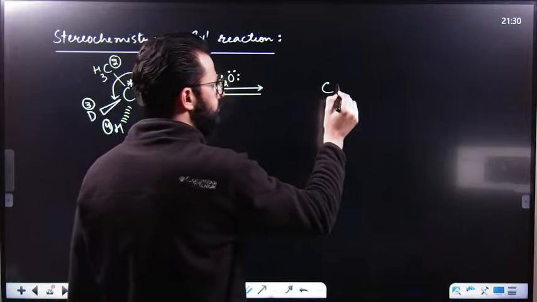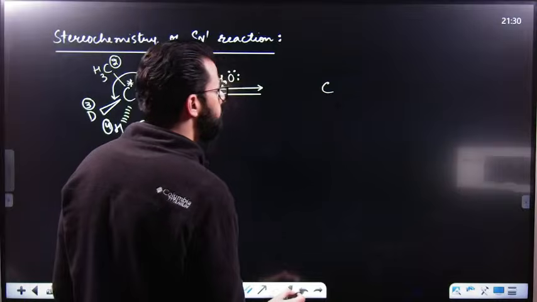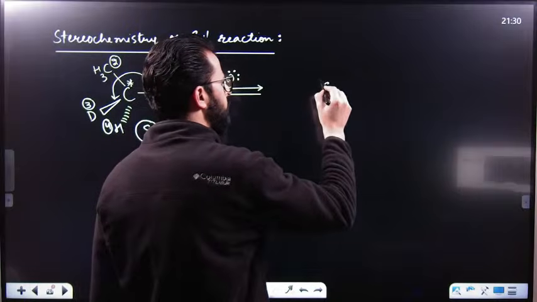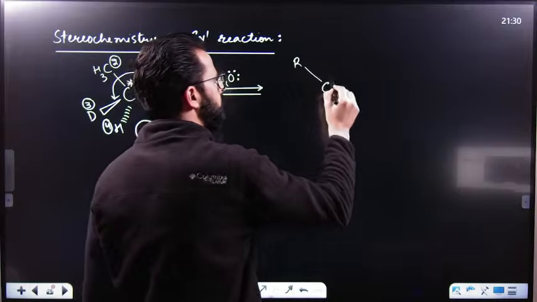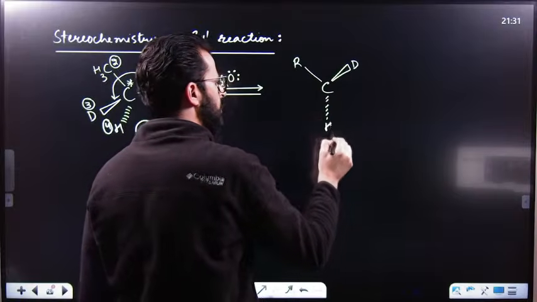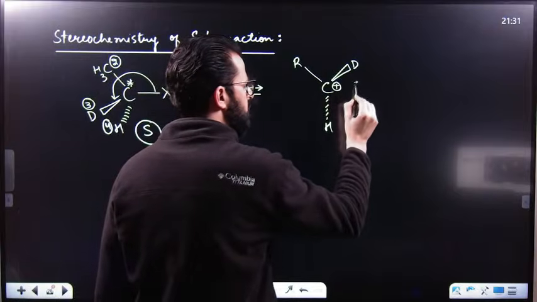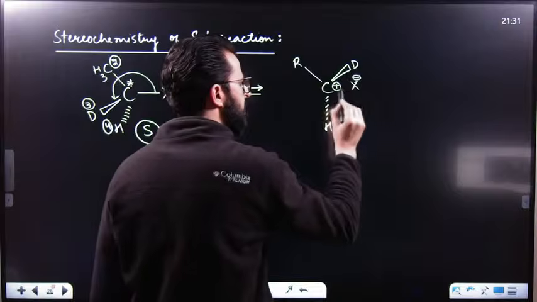This is the carbon. I will simply show like this, that one is R, another is D, say for example this is H. And X is basically, the bond between C and X is broken.